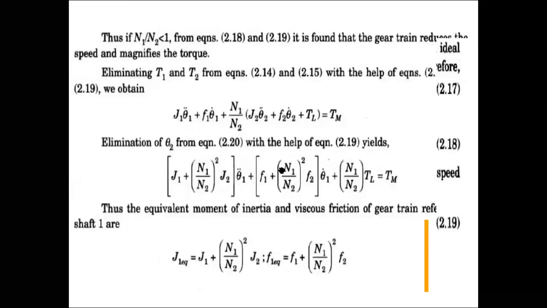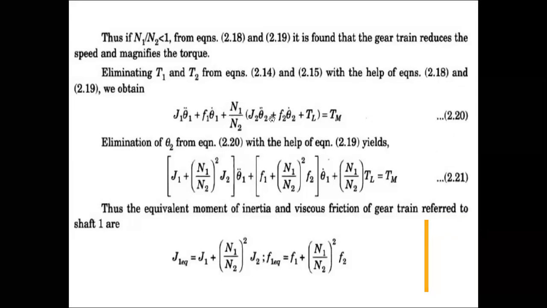So if you see here, theta 1 into n1 by n2, what you are going to get? A square term. If I substitute theta 2 here, let me write down this part, that is J2 multiplied by theta 2 double dot, which is theta 1 double dot multiplied by n1 by n2.